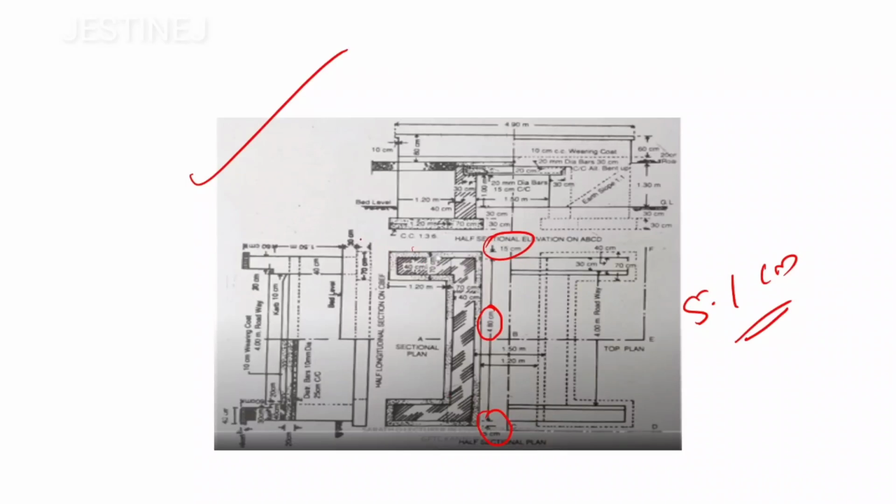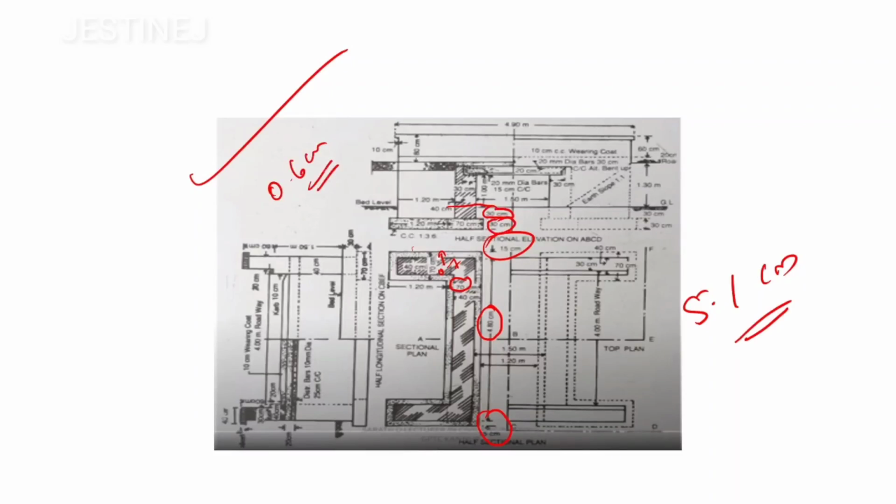Then if you observe clearly, what about this dimension? It is going to be 0.7. This width is 0.7 throughout. Then the height: below this ground line is 30 centimeter, and here also 30, so you will get 0.6.